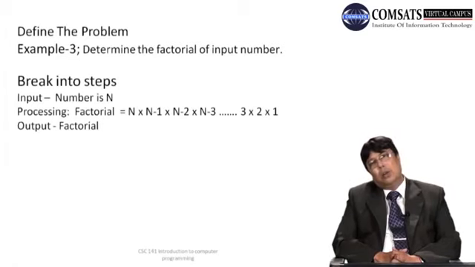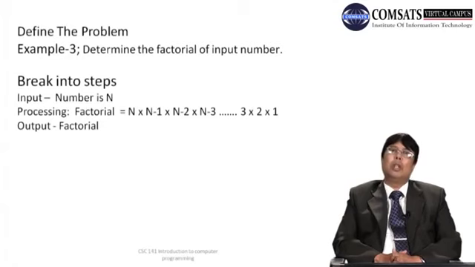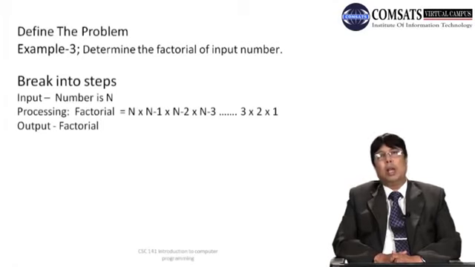Factorial of 3 is equal to 3 multiplied by factorial of 2. Factorial of 2 is equal to 2 multiplied by factorial of 1. Factorial of 1 is equal to 1 multiplied by factorial of 0. Since the factorial of 0 is equal to 1, you calculate factorial of 4 equal to 4 multiplied by 3 multiplied by 2 multiplied by 1.